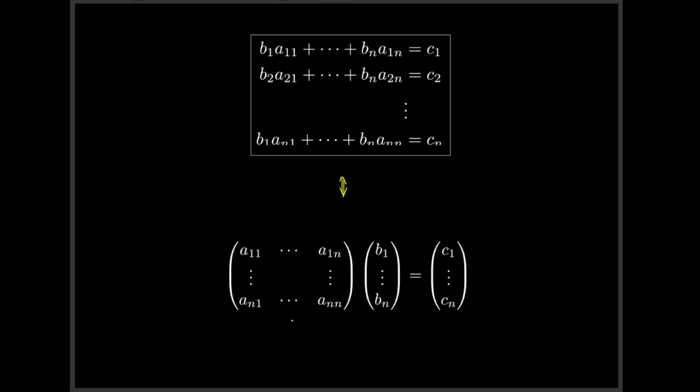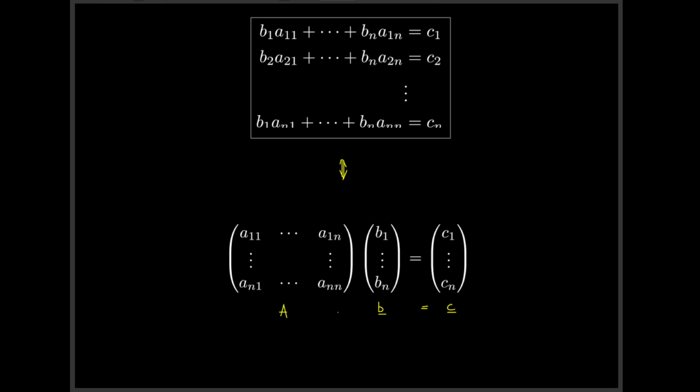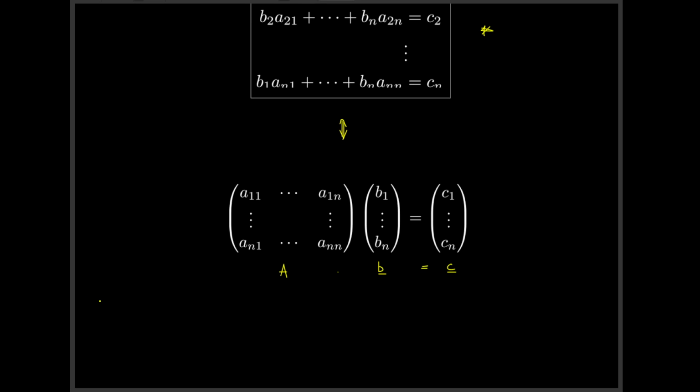In this case, if we call this matrix A, and this one B, and this one C, then this is just saying that the multiplication of two matrices is equal to another one. Now, of course, we're interested in being able to solve these kinds of equations, and one of the main results of linear algebra says that this equation, AX equal to C, has a unique solution, which in this case will just be B.